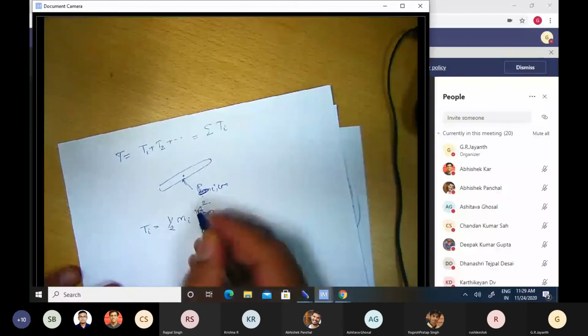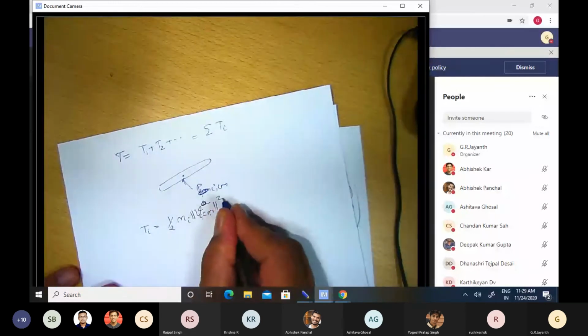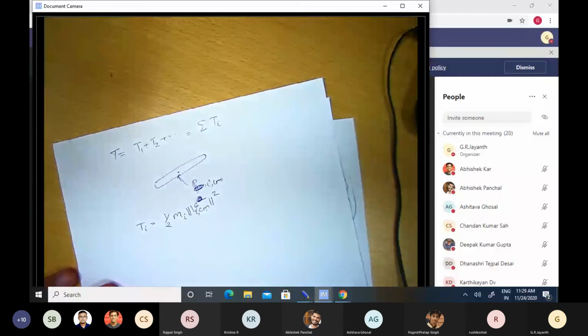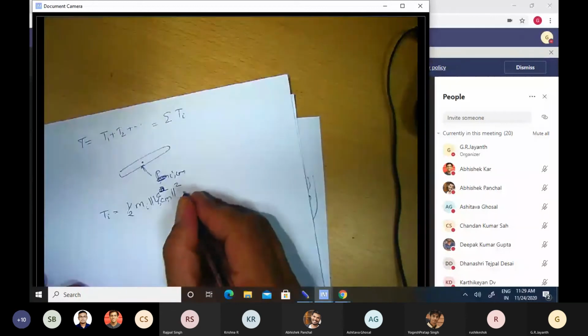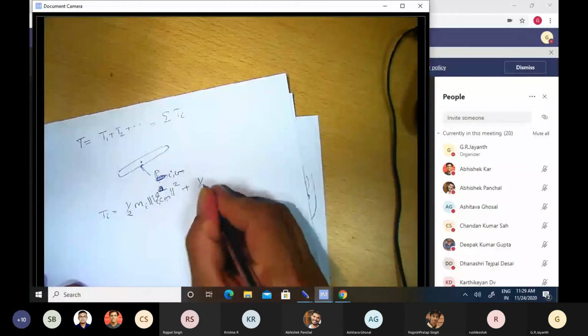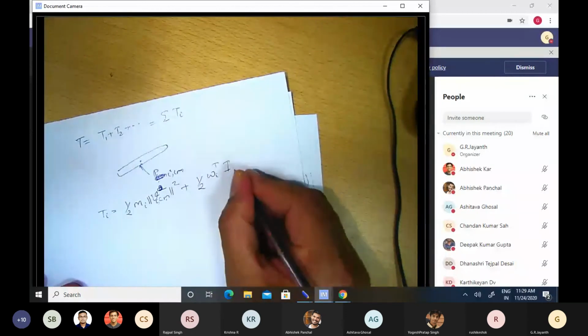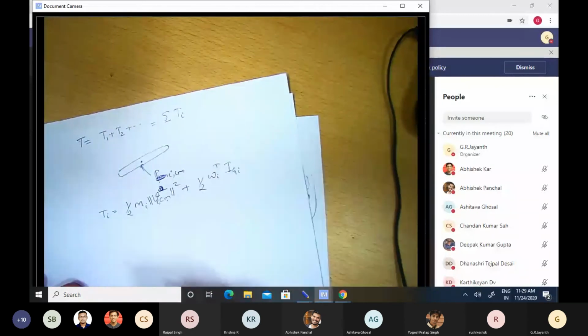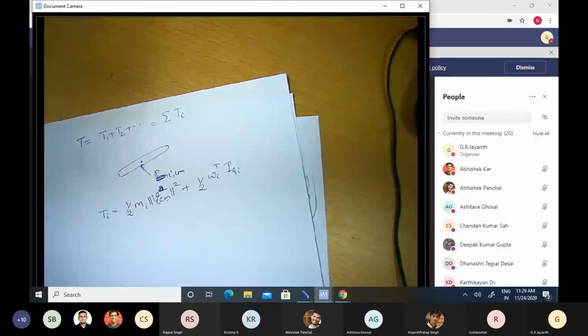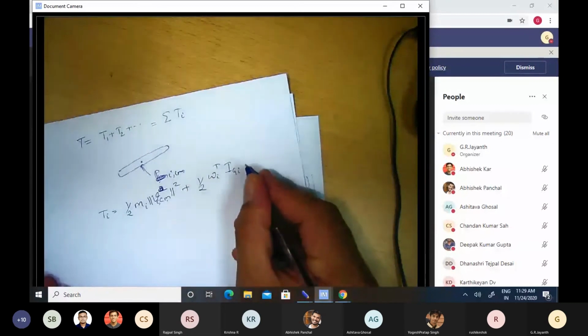Maybe I will put the magnitude of that vector squared, not just V squared. Plus half omega_i transpose I_gi, where I_gi is the moment of inertia matrix about the center of mass of the ith rigid body, times omega_i.